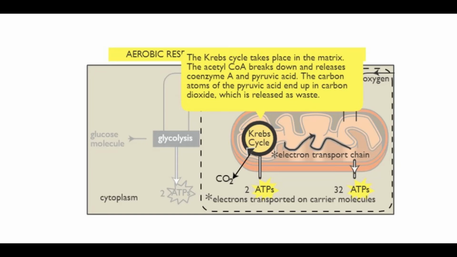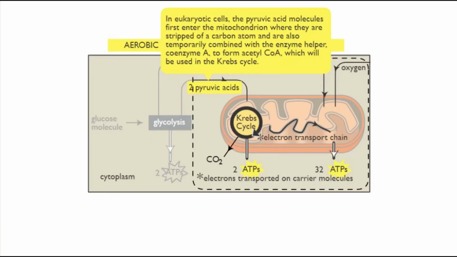The acetyl CoA breaks down and releases coenzyme A and pyruvic acid. The carbon atoms of the pyruvic acid end up in carbon dioxide, which is released as waste. So, we get 2 pyruvic acids.